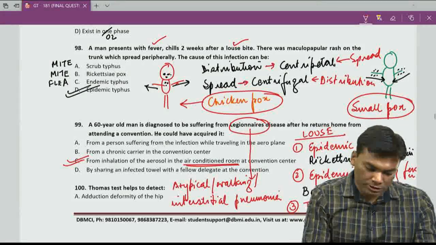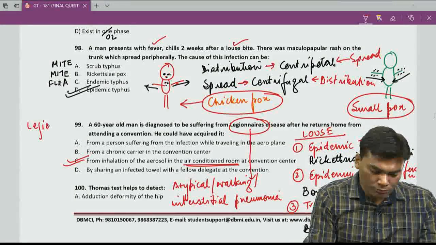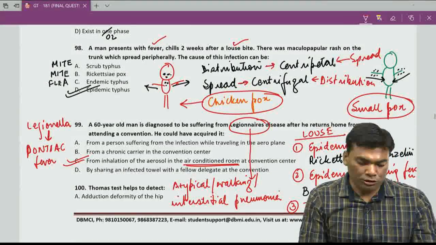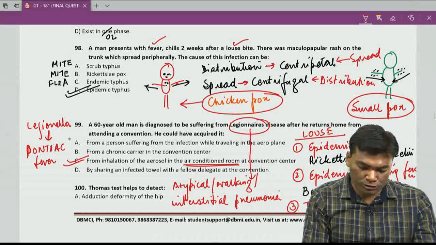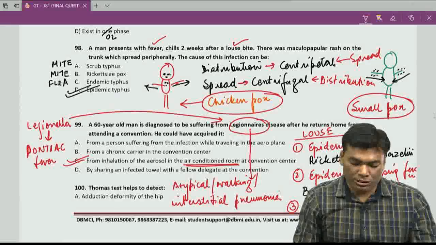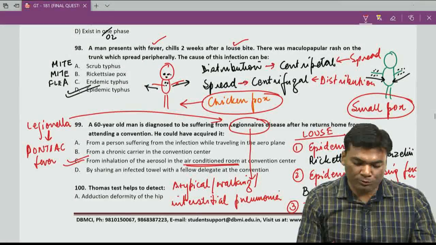Legionella will also cause Pontiac fever. So this is another disease entity, Pontiac fever, which is also caused by Legionella. So it will cause Pontiac fever and it will also cause Legionnaire's disease, the atypical walking interstitial pneumonia.